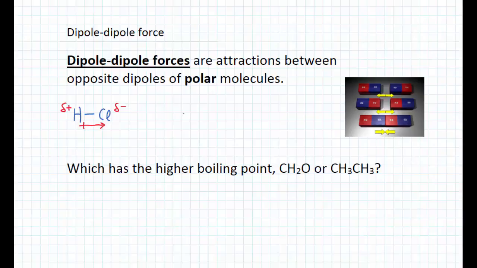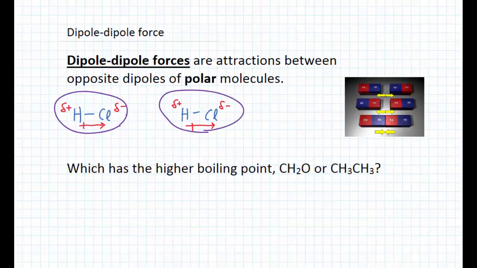What's going to happen if we get a neighboring HCl molecule? It'll look the same. Plus on the H, minus on the Cl, has a dipole like that. These molecules overall will now be attracted. The negative side will attract to the positive side of that. Okay? This is the dipole-dipole force.